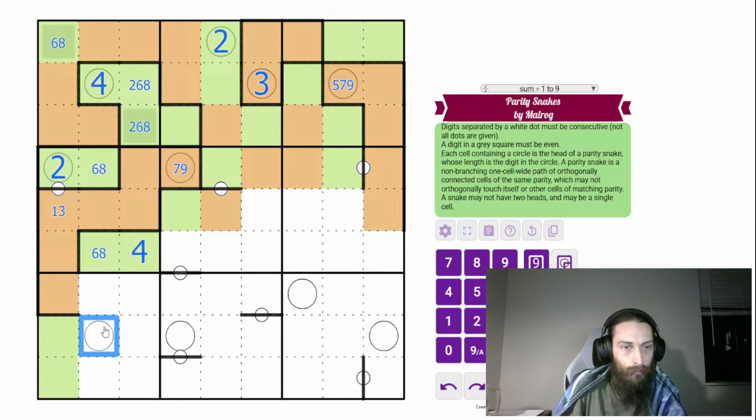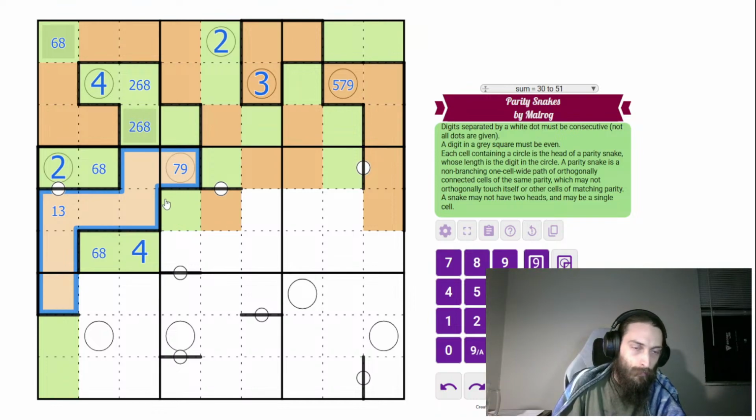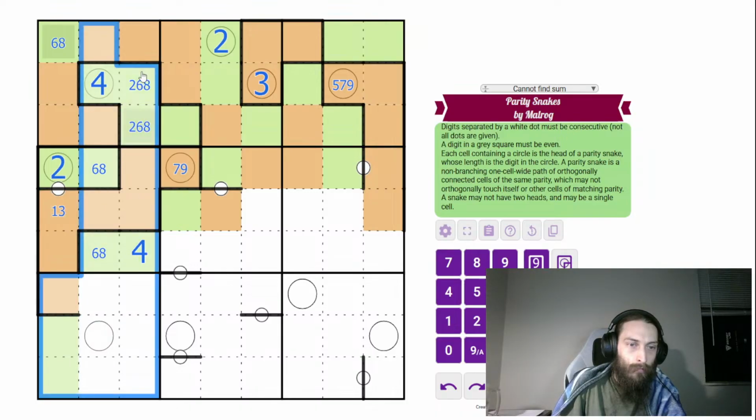I forgot what I was going to say. Oh, columns 2 and 3 each need 1 even, and that goes in box 7.